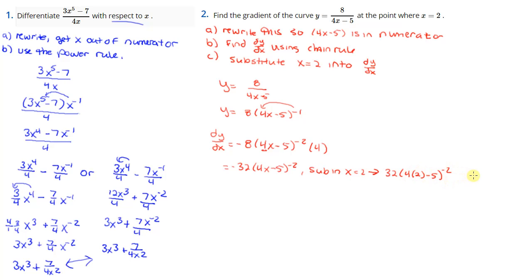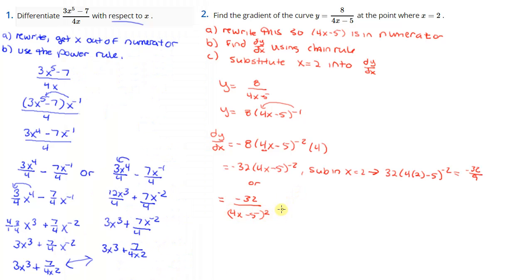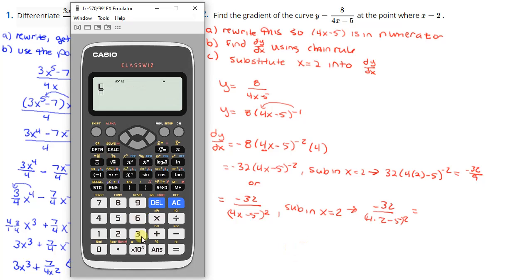I can go ahead and plug in my x equals 2 at this point. My calculator is completely capable of using negative exponents, so it's going to look something like this, giving me an answer of negative 32/9. I could also rewrite this with a positive exponent: negative 32 over 4x minus 5 squared. You'll see that it's a little bit easier to do this if you're not using a calculator.